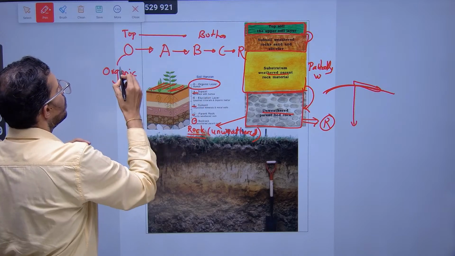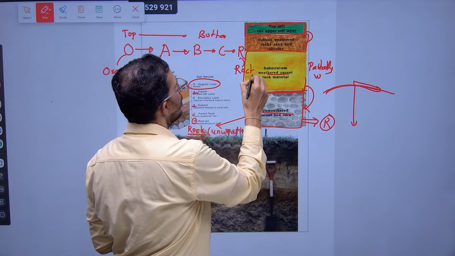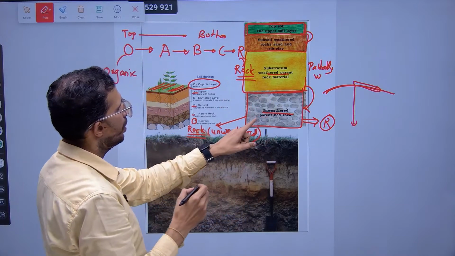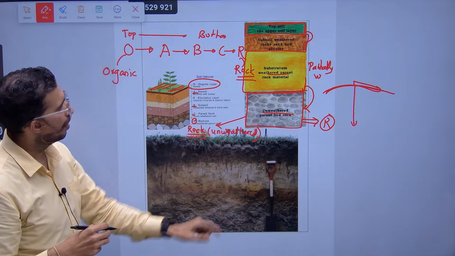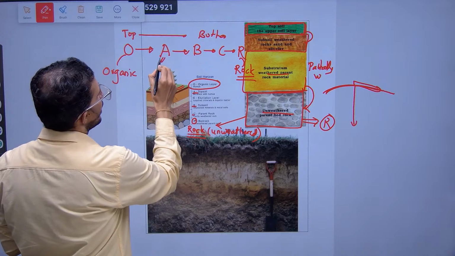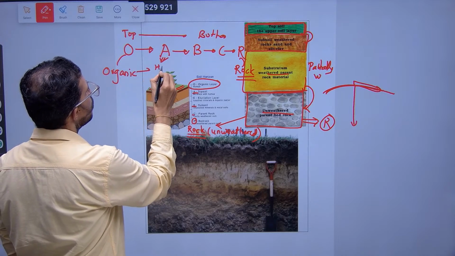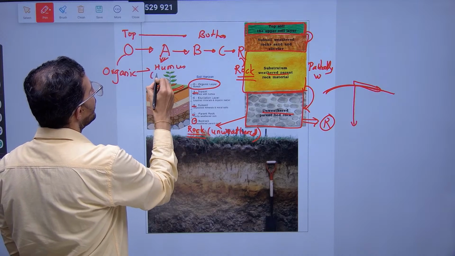R means pure rock, unweathered rock, that is the bottom one. Then if you see, this is minerals with humus. Organic matter converts into the humus and it is having the minerals.